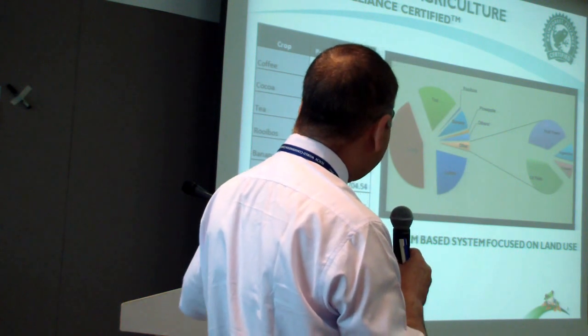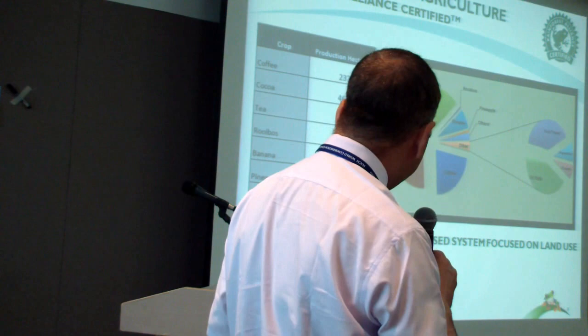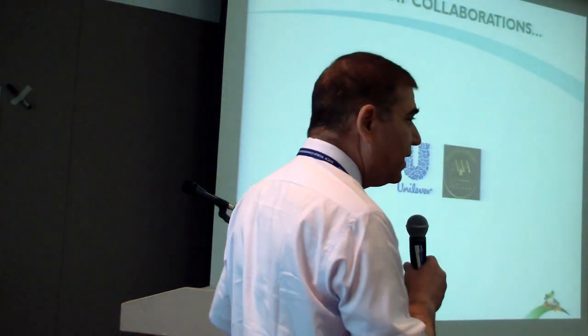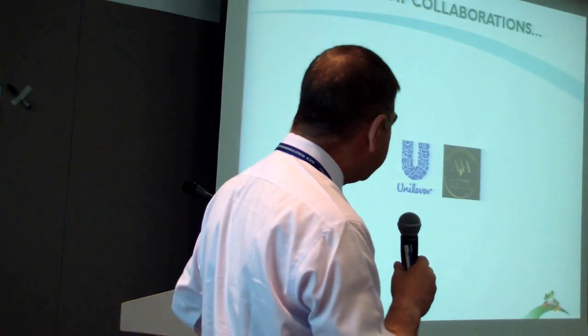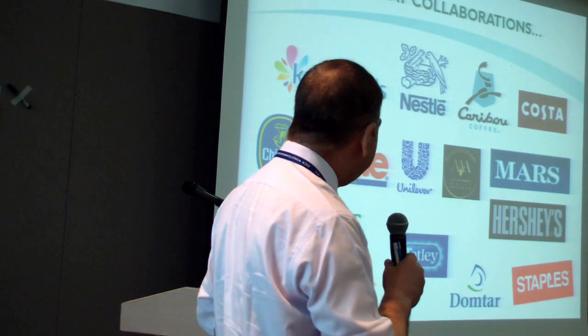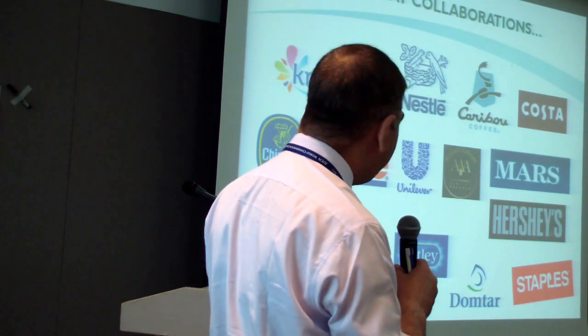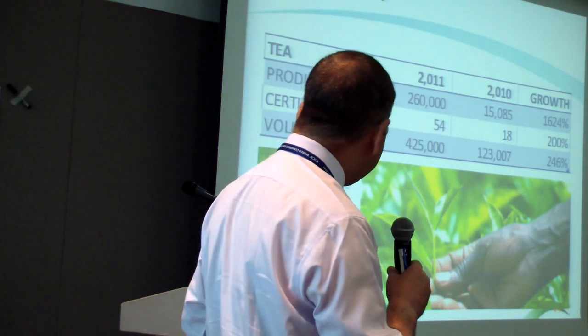And the tea and coffee work has gained momentum, particularly in the last year or 2, as you will see. It has also been made possible by the very valuable partnerships that we have with companies like Unilever, with Nespresso, the AAA program, and many, many others to whom we owe a great debt of gratitude.